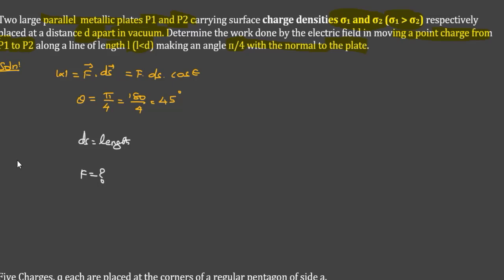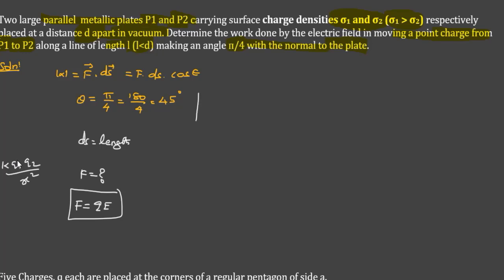For force, we can't use the formula as per Coulomb's law, because we don't know the charge. So we have one more formula related with electric field, because between the parallel plates we can easily calculate it. So F is nothing but Q into E. Based on this we can easily work it out.